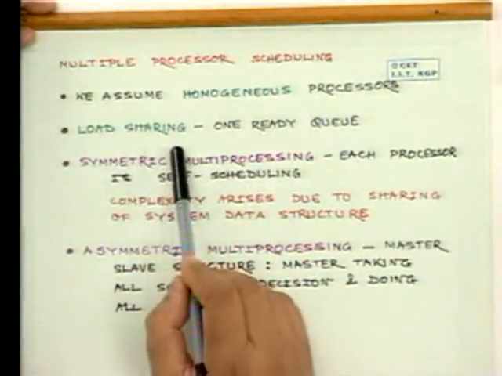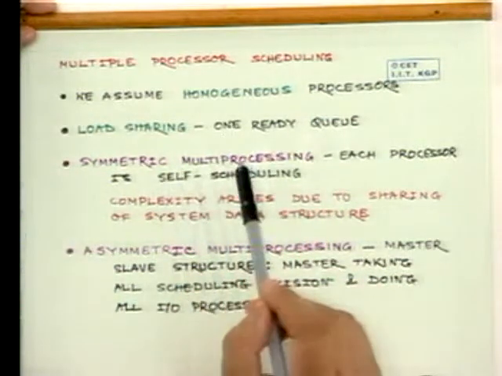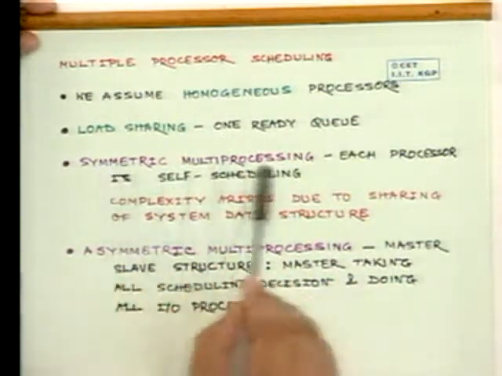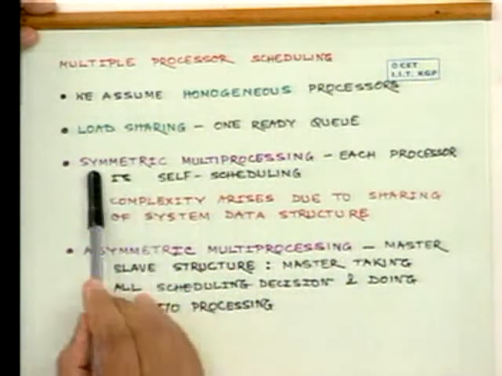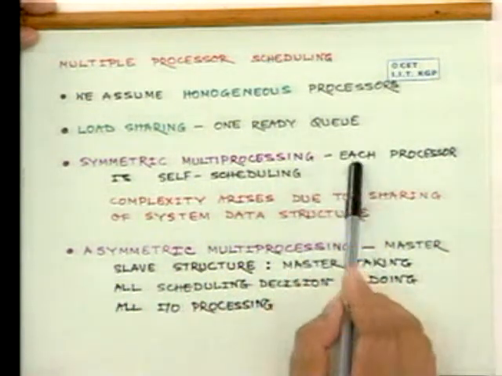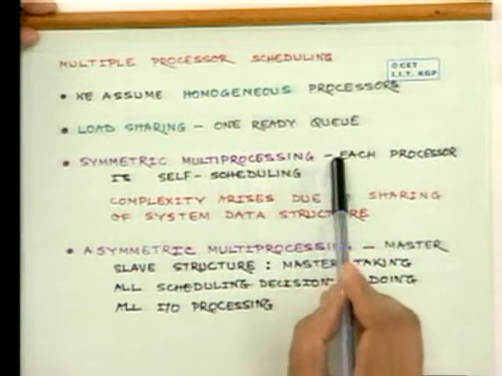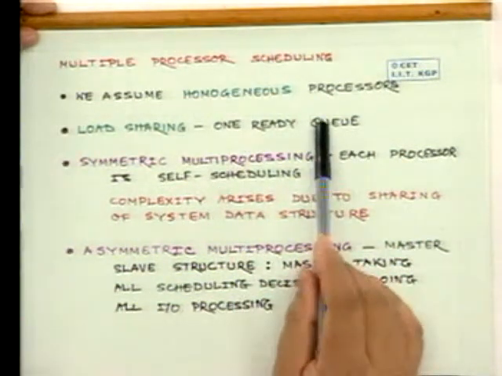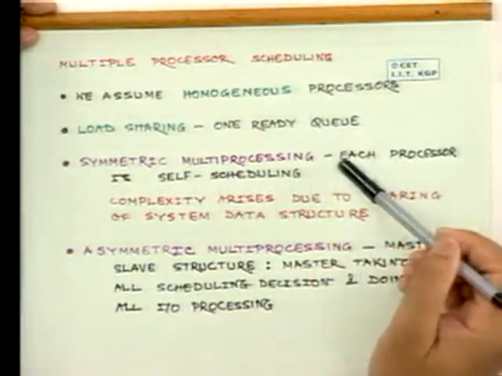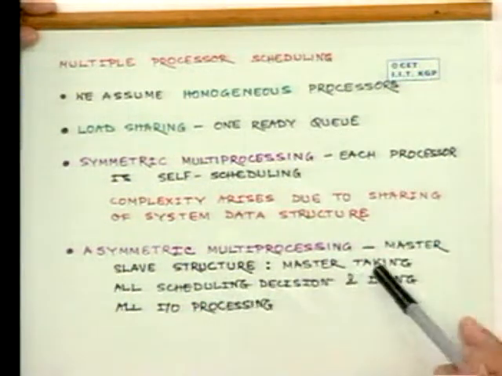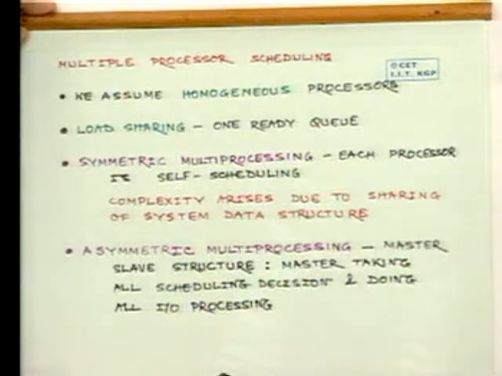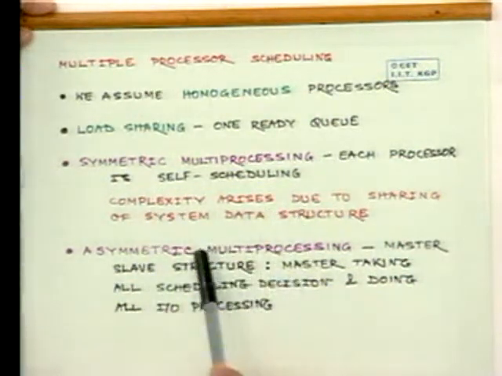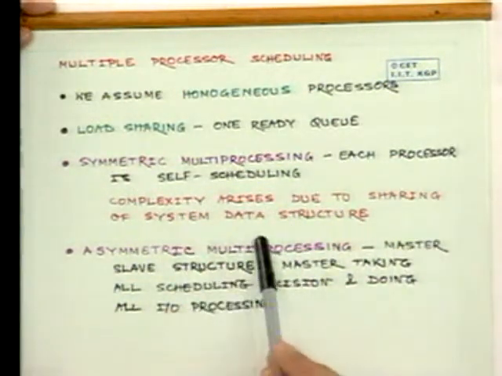Load sharing is done by keeping only one ready queue, and it can be symmetric multiprocessing or it can be asymmetric multiprocessing. In the case of symmetric multiprocessing, each processor is self-scheduling. That means it goes to the ready queue, takes a job, and executes it.